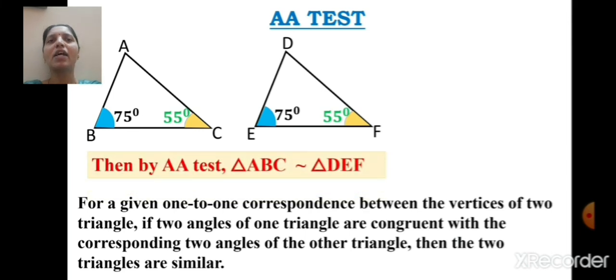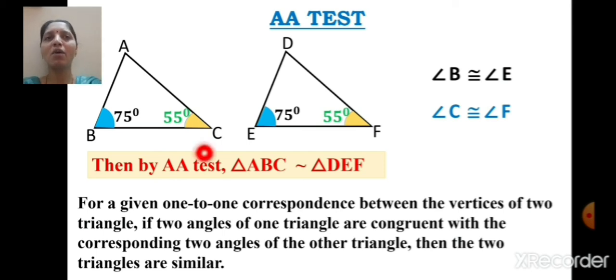That means angle B is congruent to angle E, angle C is congruent to angle F, and angle A will automatically be congruent with angle D. So then you can say that triangle ABC is similar to triangle DEF by the angle test, as you have considered only the 2 corresponding angles. This test is known as the AA test.